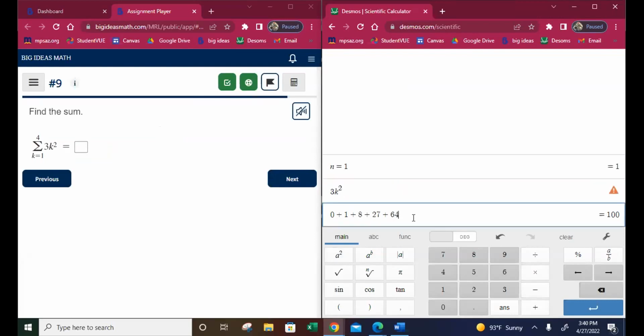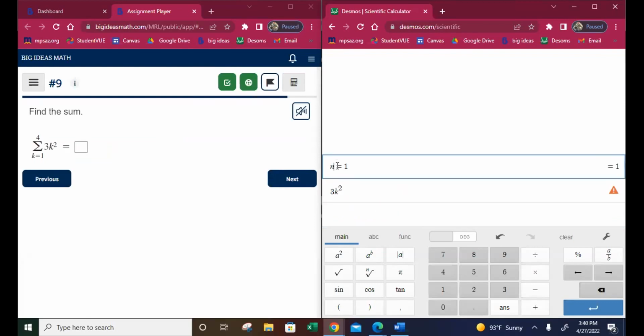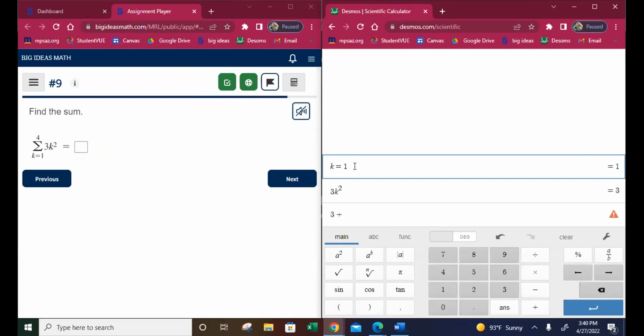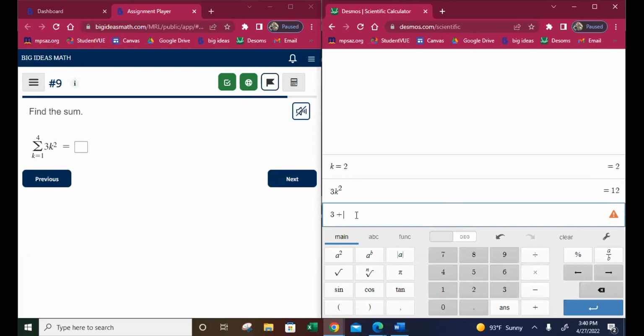You're going to want to change n equals 1 to k equals 1. And believe it or not, you're doing programming right now. Really? Yes. This is not fun. It's fun, but it's not fun. There's so much going back and forth.